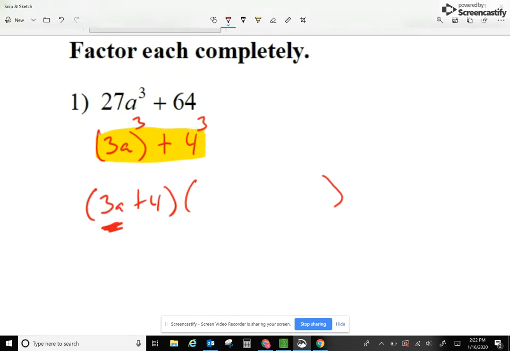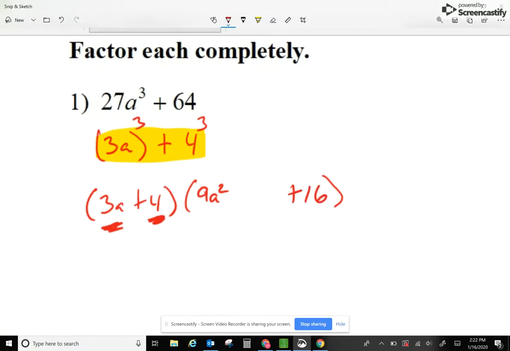Squared the first term. 3a times 3a is going to give me 9a squared. For the end, I see the end of the first parentheses, squared the last term of the first parentheses. 4 squared happens to be 16. All right, 4 times 4 is 16.